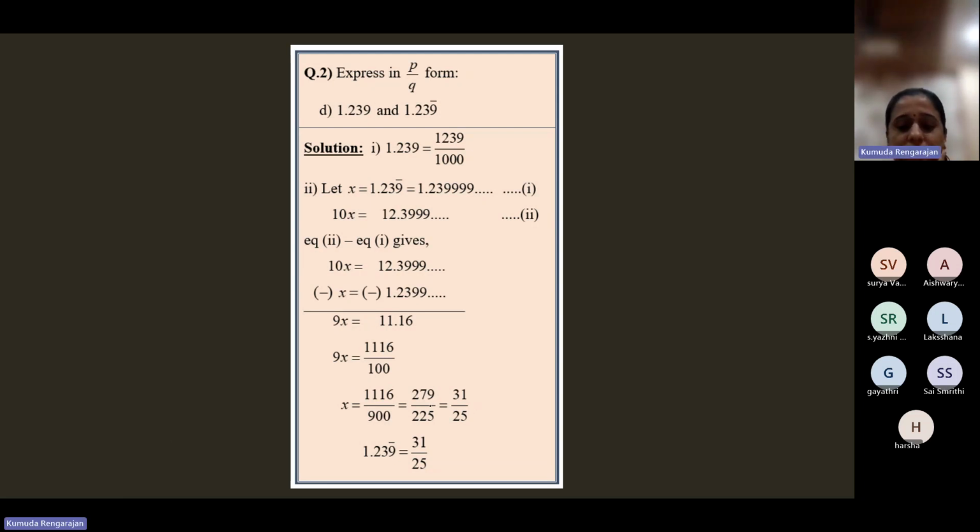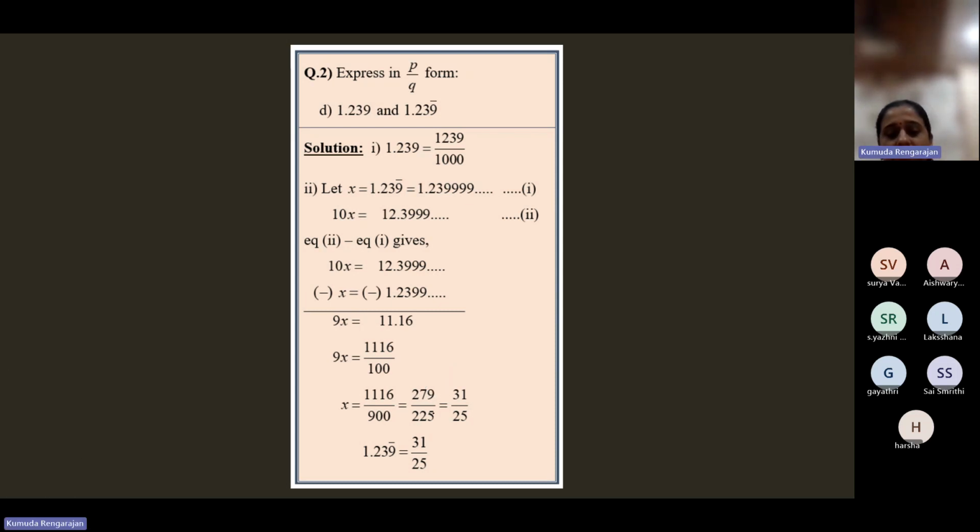So use a test of divisibility. You can see here 9 plus 7, 16. 16 plus 2, 18. The sum of the digits is 18. And here 5 plus 2, 7. 7 plus 2, 9. So it's divisible by 3. Both the numerator and denominator are divisible by 3 by the test of divisibility.